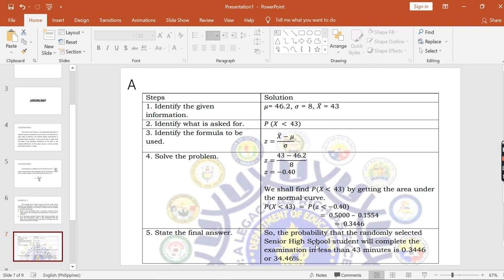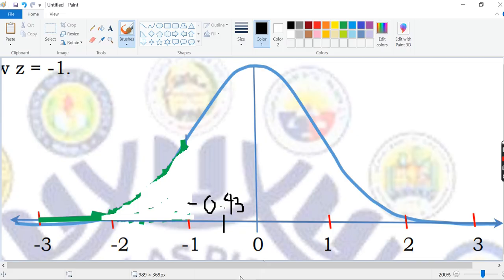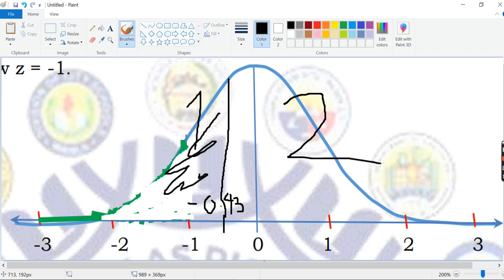So when you say less than, this is our boundary. Which part of the graph do you think are we looking for? This part, the first part, or the number 2 part?